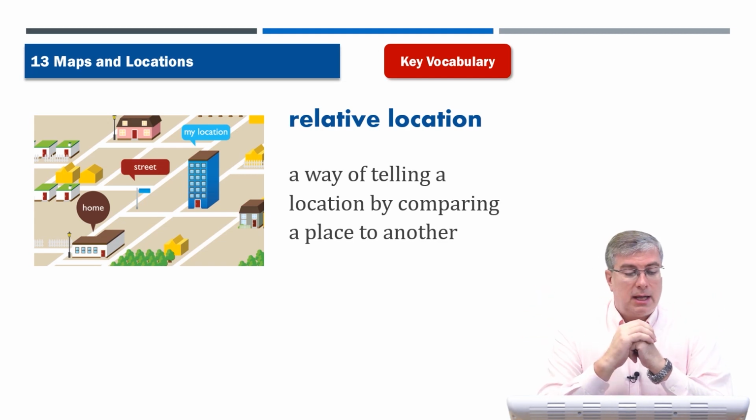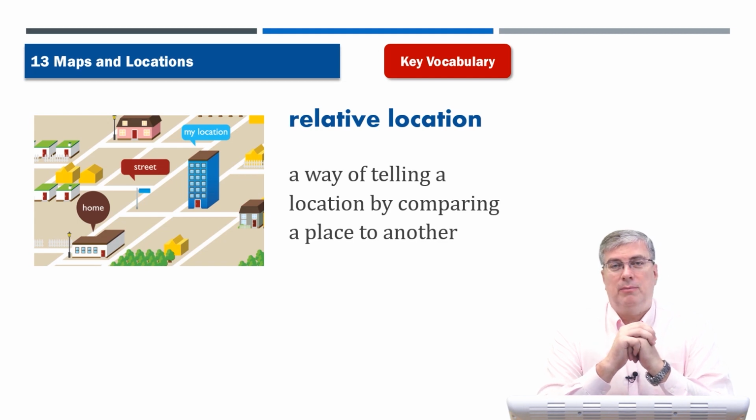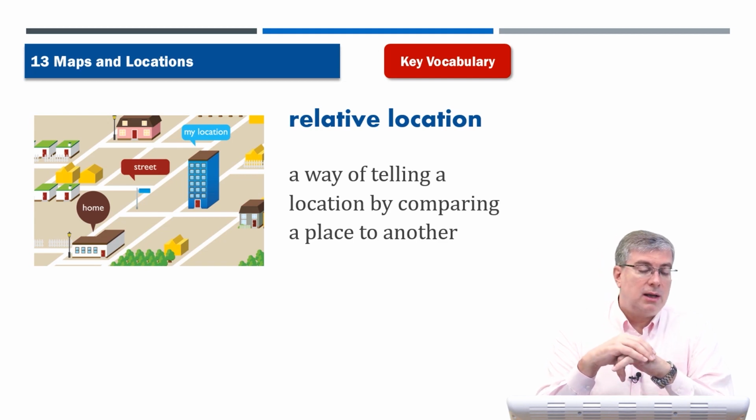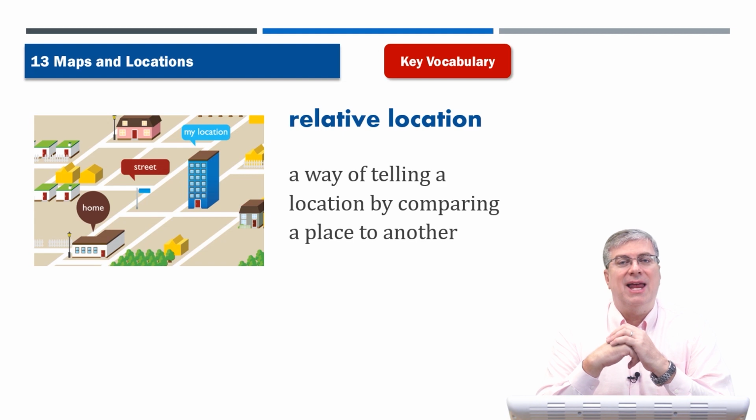For example, you can see in this map here, right? You have my location, looks like an apartment building. Maybe you are in an office building. This could be an office building too. Let's say it's an office building. And where is your office building? Well, it's close to your home. It's about a block away from your home.